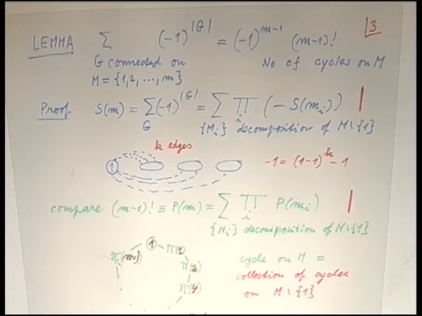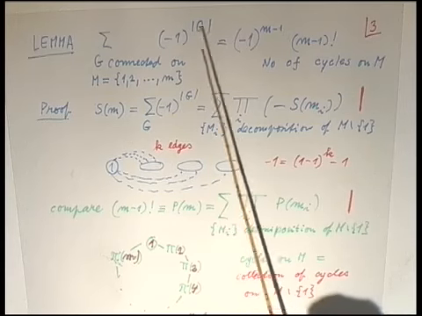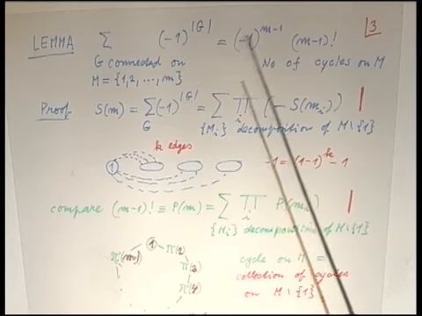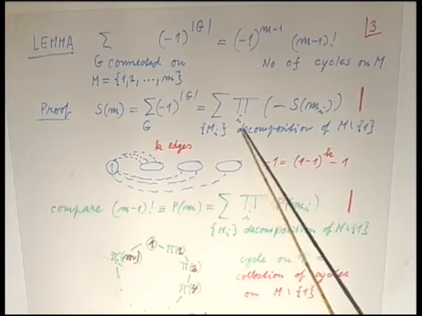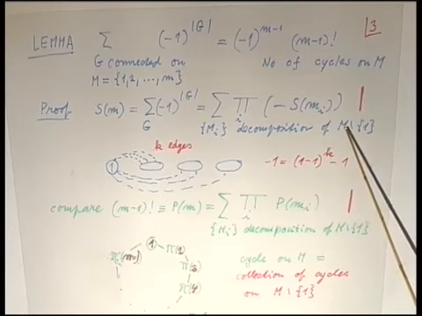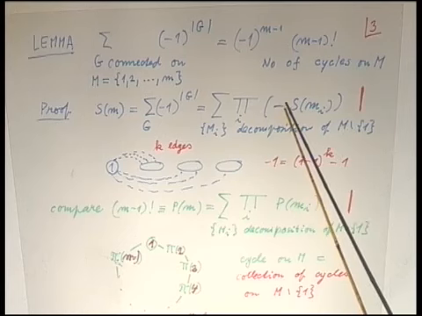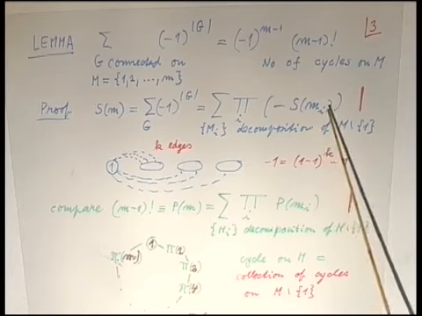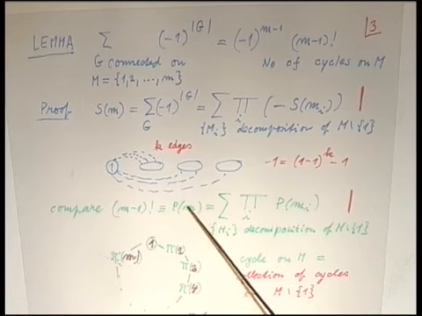Well, here is the proof. The proof is nice but simple. The proof is by establishing a recurrent formula: if I denote this quantity by S, then S is the sum over all the compositions of this corresponding set with the first point removed, and in each decomposition you take again this quantity S. Here is a minus. The quantity number of cycles behaves similarly, and this is more tricky.